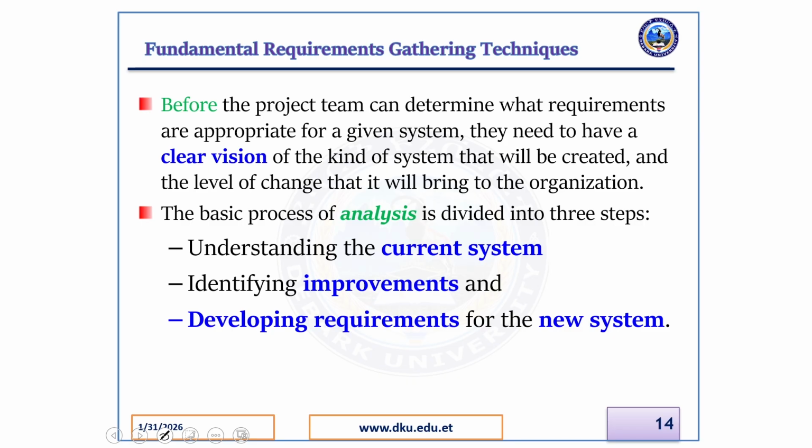The first one is understanding the current system. You have to know the current system. The second is identifying improvements. And then developing requirements for the new system. So don't forget those 3 important things: understanding the current system, identifying improvements, and developing requirements for the new system.